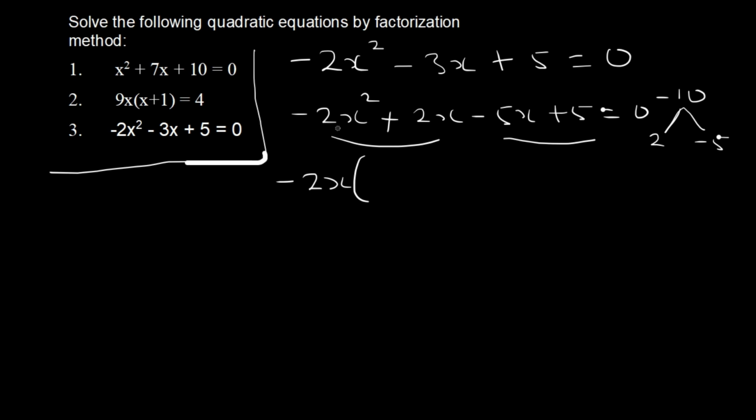Now if we divide minus 2x squared by minus 2x, minus minus will change to positive, so we'll be getting a positive x. And if we divide 2x by minus 2x, because the signs are different, plus and minus, there will be a negative sign there. And we'll be left with 1.